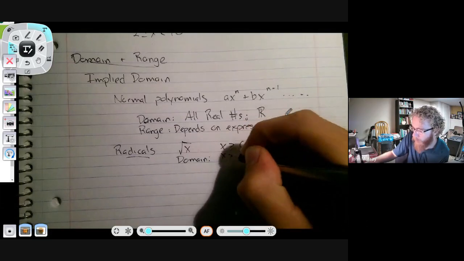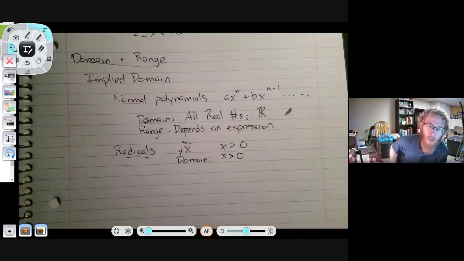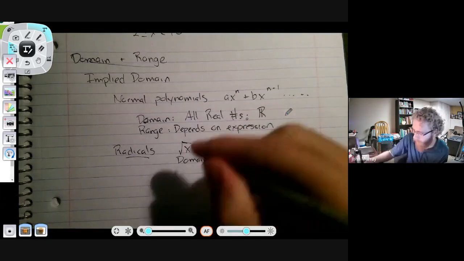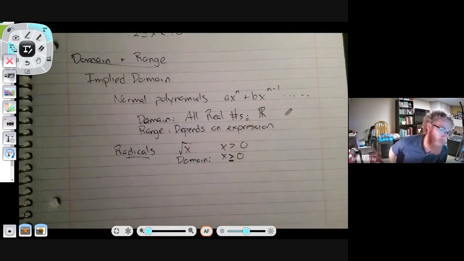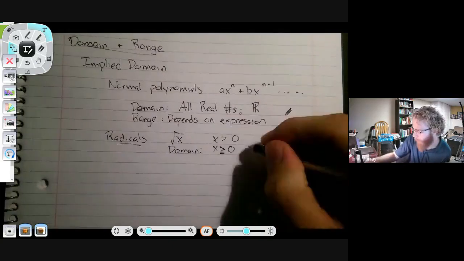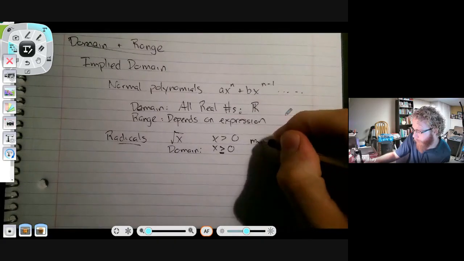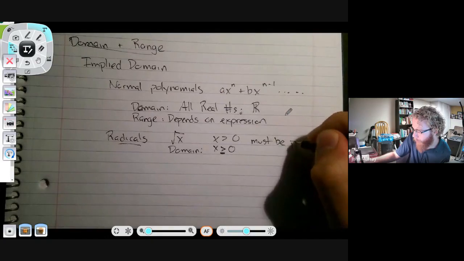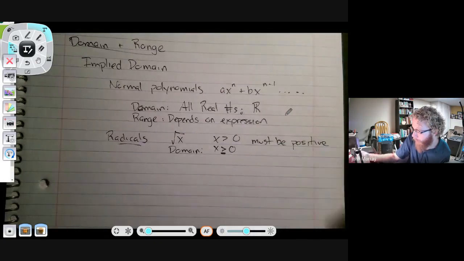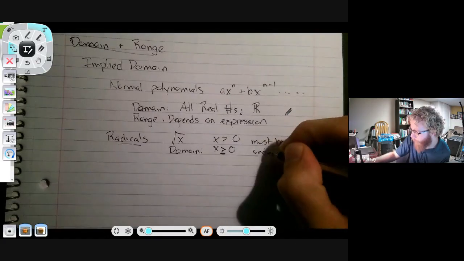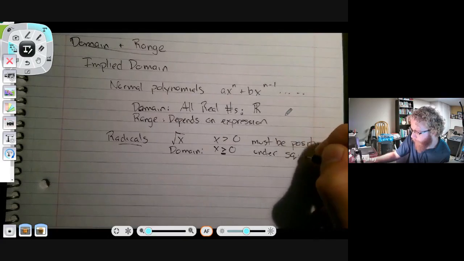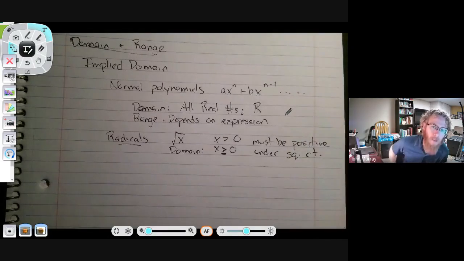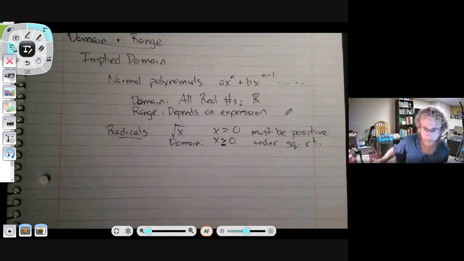So our domain, in this case, has to be greater than or equal to 0, and we can put an equal sign because the square root of 0 is 0. So it must be nonnegative under the square root. That's one instance where we've got to be careful.